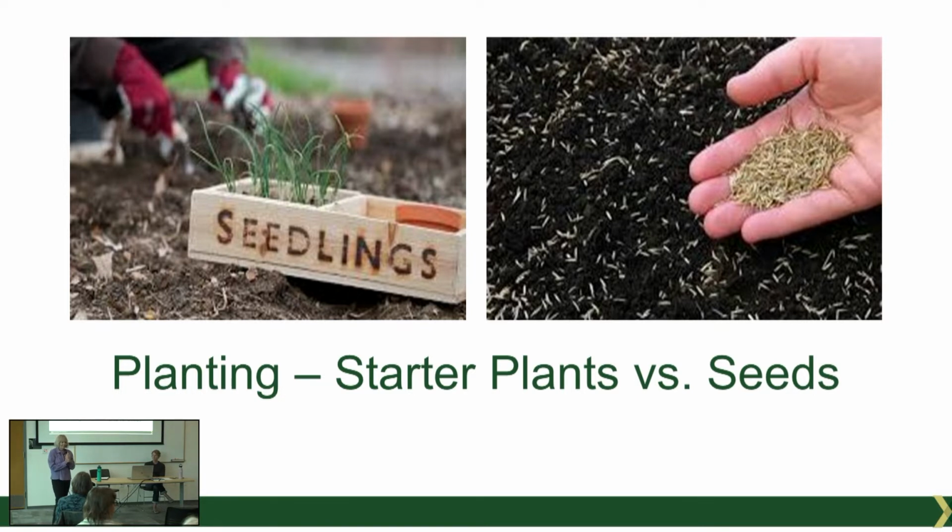Probably not here, but maybe here. And they will be harder to get established because when you take them out of their beautiful container and the way they've been grown and put them in the ground, they're going to suffer, they're going to be stressed until you get them used to being planted in our soils.